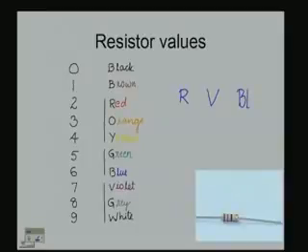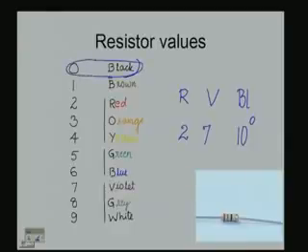For the first band, red, we put 2. The second band gives you the next significant digit, violet, which is the number 7. And the third band, black, is the multiplier, which is 10 to the power of the numeric value of black, which is 0.